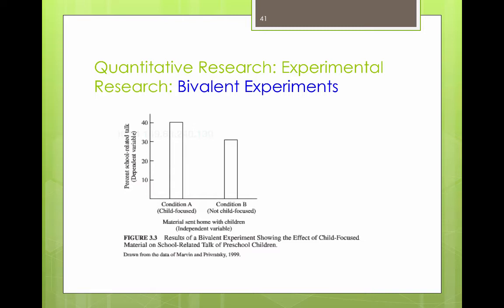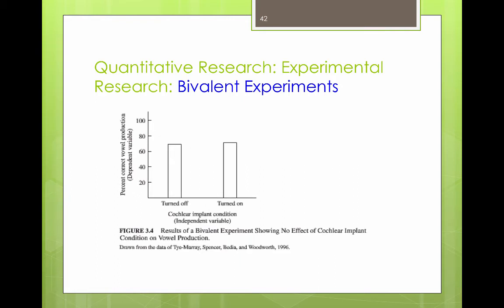The independent variable is the material sent home with the children, and the dependent variable is the percent of school-related talk. So one independent variable, but there are 2 types of it, child-focused and not child-focused. And we're measuring the effects on the one dependent variable. So bivalent experiment, 2 categories of one independent variable.